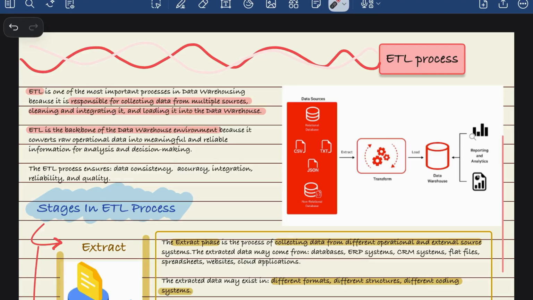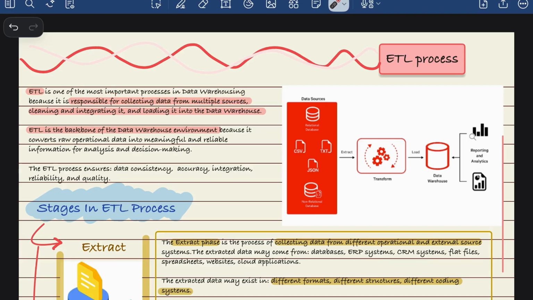All right, Padhai Logic family, let's talk about the absolute backbone of the data warehouse, that is the ETL process. As we all know, ETL stands for extract, transform and load. All right, let's quickly move on and discuss the three phases of ETL. So ETL is an important process.